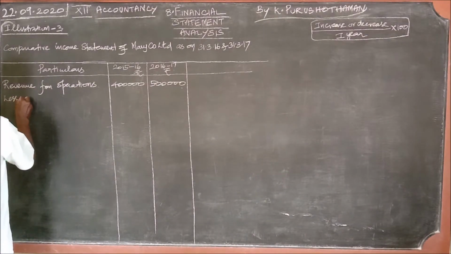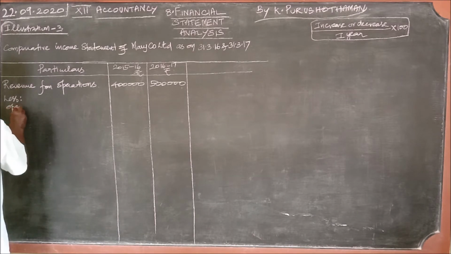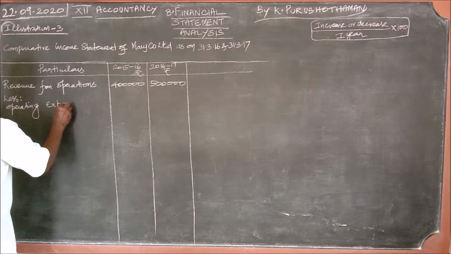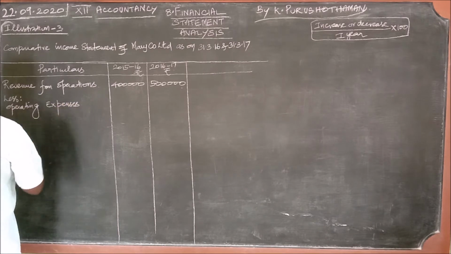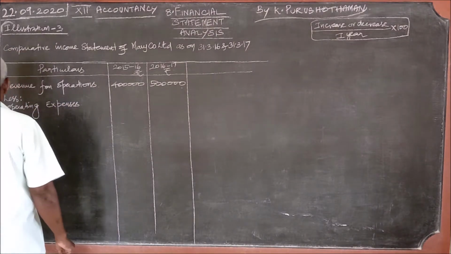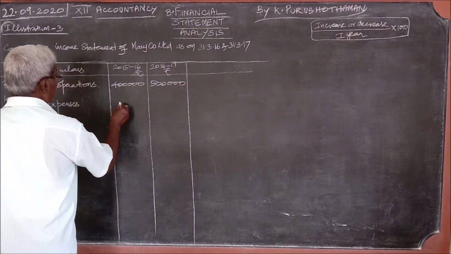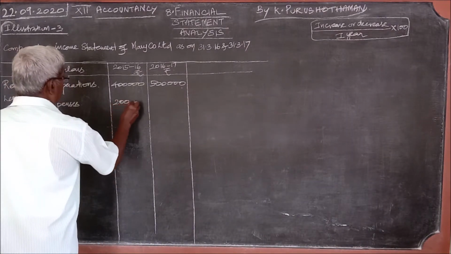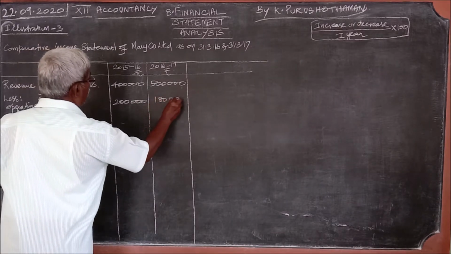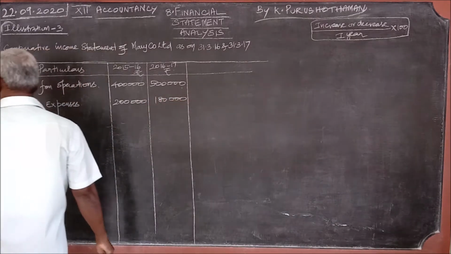If it is additional income, add. This is expenses, therefore less operating expenses. Operating expenses: 2 lakhs, 1,80,000.